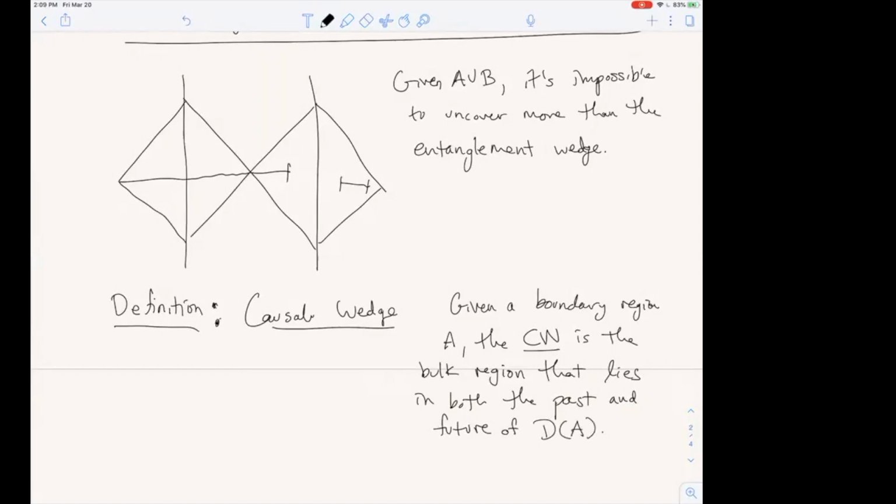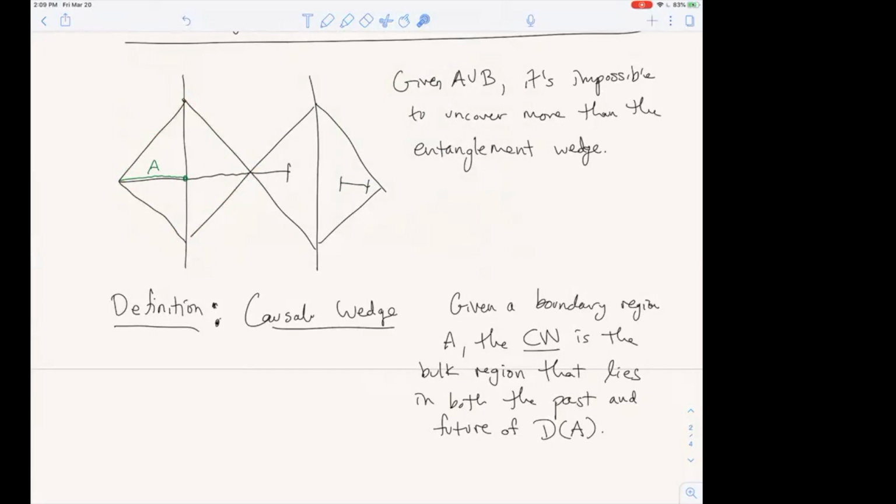So in this example up here, capital A was this, right? The domain of dependence of capital A is just the whole left exterior of the black hole.